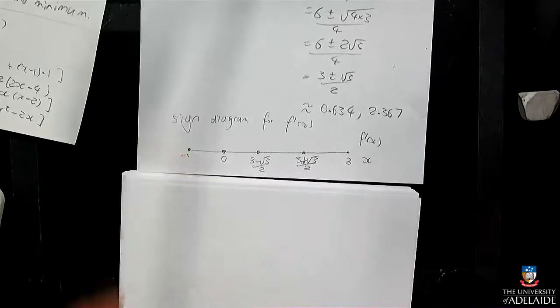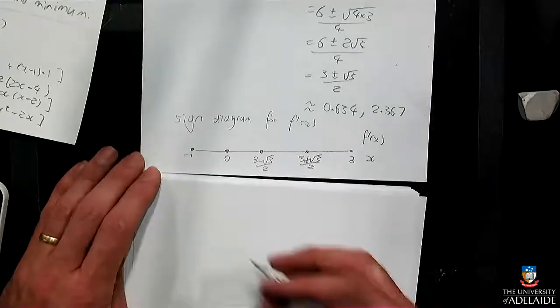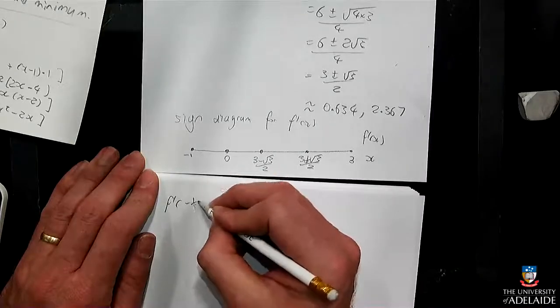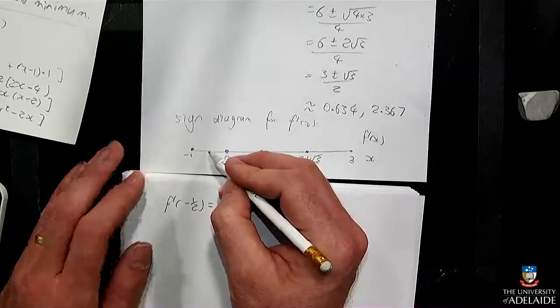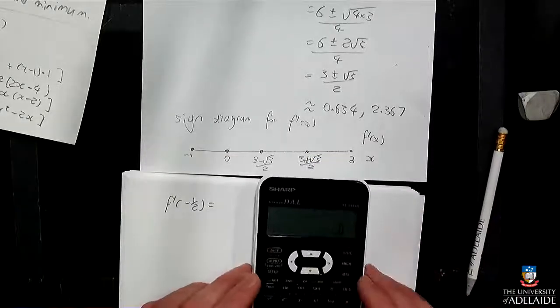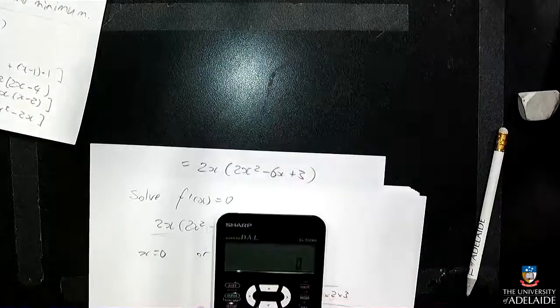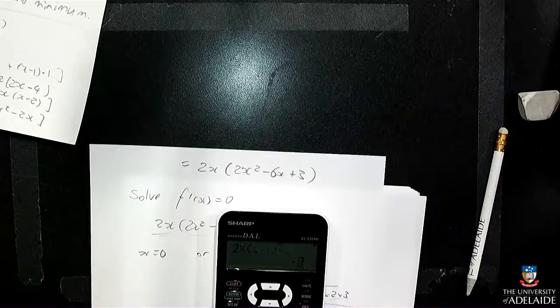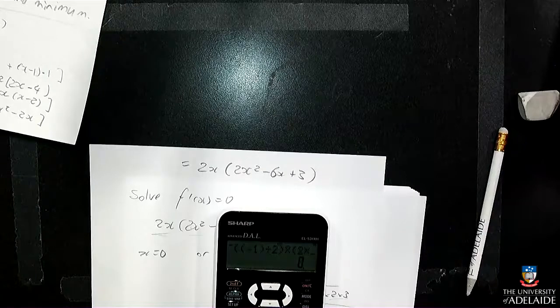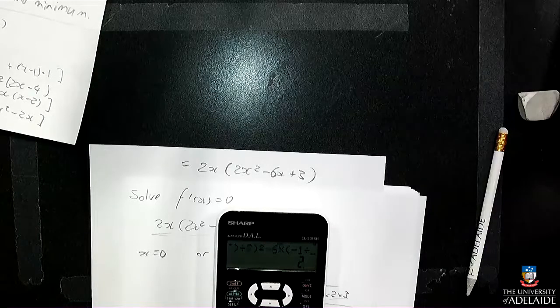Okay, and I'm going to need to figure out where it's positive and negative. So f dashed of -1/2, I guess, in here, that's a number in there, would be, where's my calculation? It's up here. 2 times -1/2 times 2 times -1/2 squared minus 6 times -1/2 plus 3.